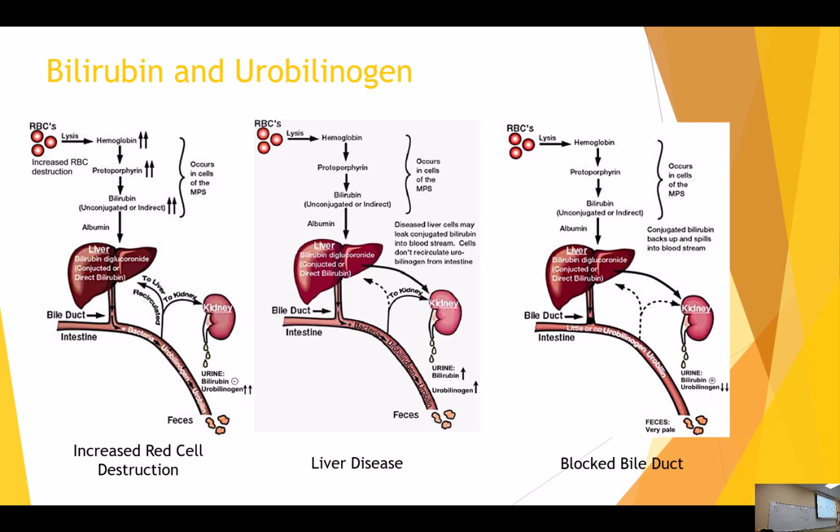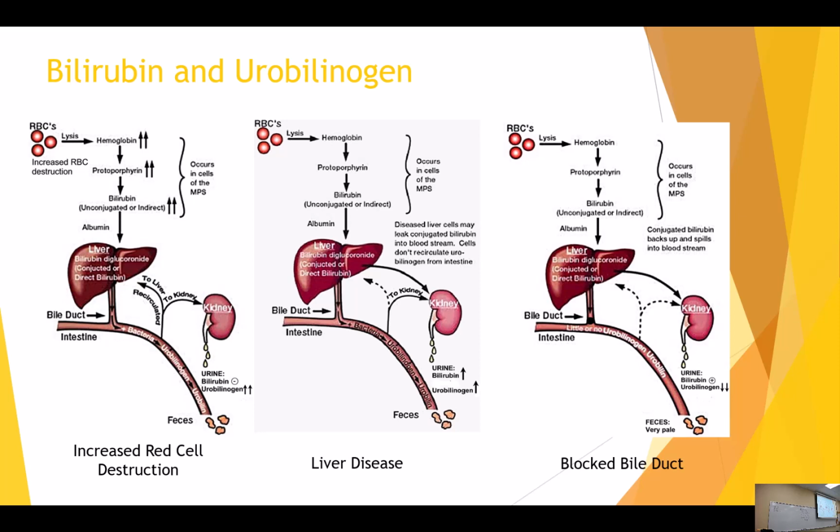Now, second case is liver disease. The red cell lysis is normal: hemoglobin, porphyrin, the unconjugated bilirubin. However, when we get that unconjugated bilirubin into the liver, it is unable to conjugate it. It's not functioning as well.